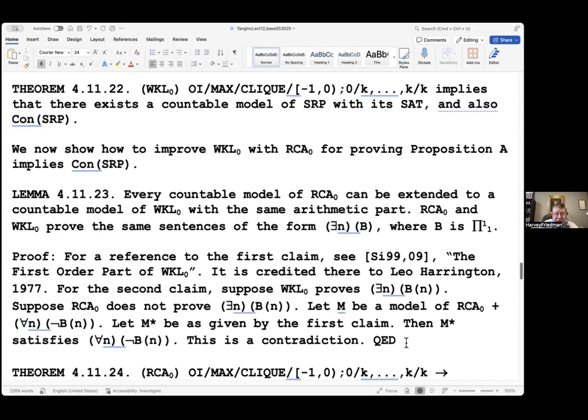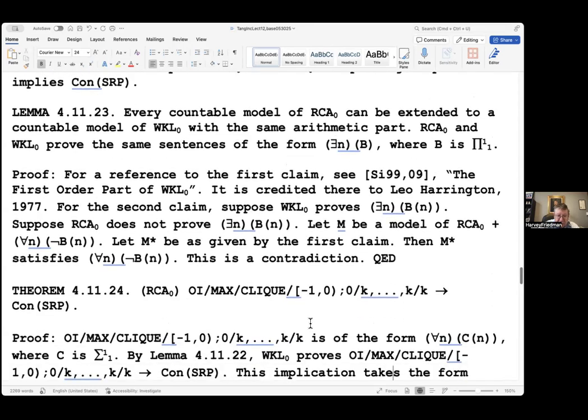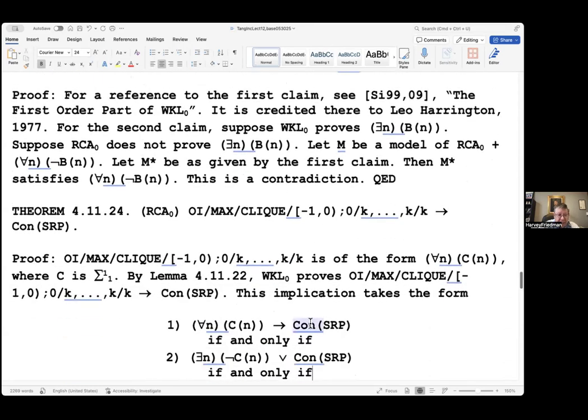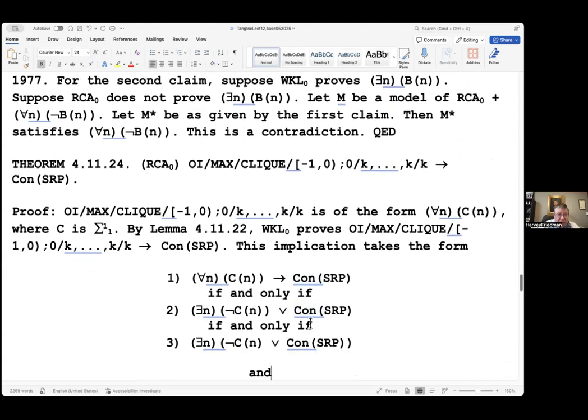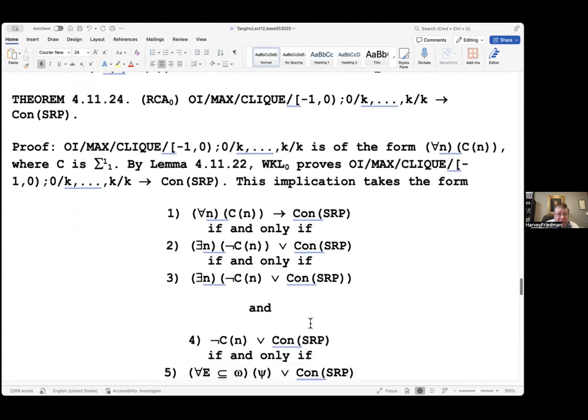So now we have to check only that we can actually use this. So we have to check that the statement we're reversing is of the right form. So this is just a calculation. The statement we're reversing has the form for every n C of n, where the n is over the dimension.